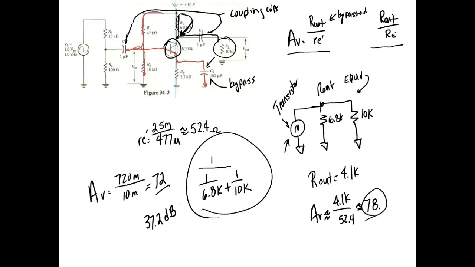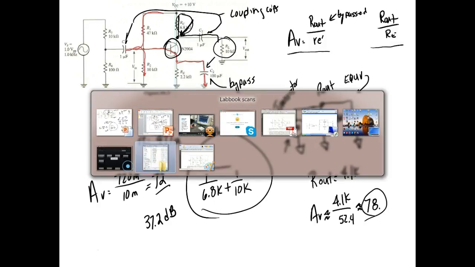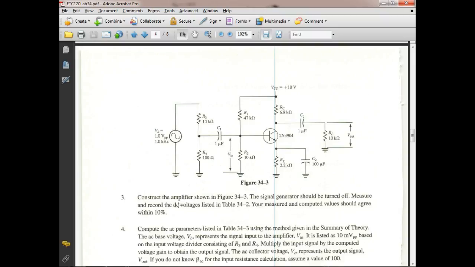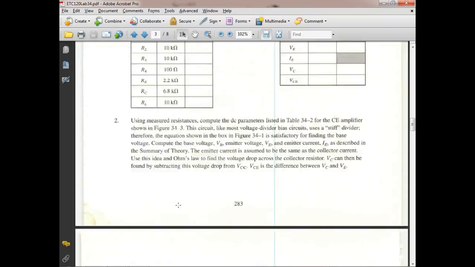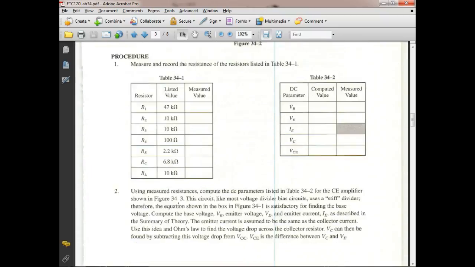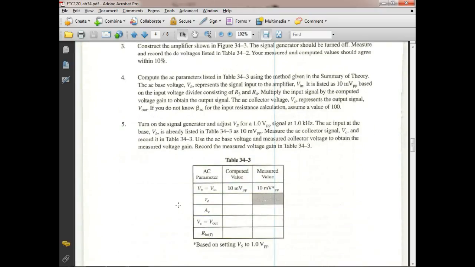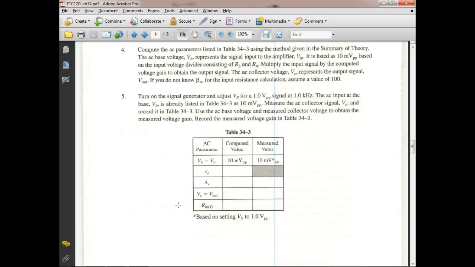What do we need to do now on the lab? There's our gain. Let me find the lab. There we go. This is the chart we're filling in. Our computed AV gain was 78. Our measured was 72, right? Our V out was 720 millivolts. What did we compute?